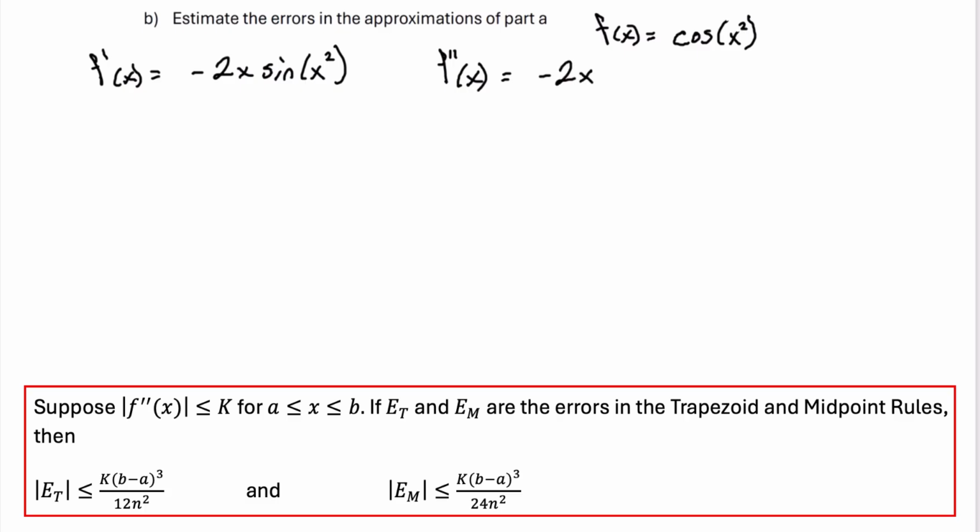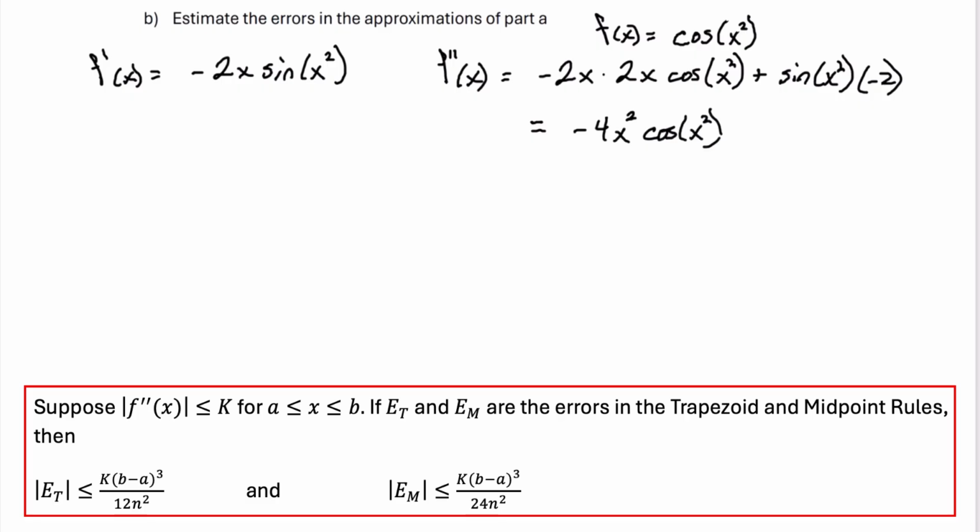Negative 2x, that's first. Derivative of the second would then be 2x cosine of x squared plus the second, sine of x squared, times derivative of the first, which would be minus 2. Simplifying this, we get negative 4x squared cosine of x squared minus 2 sine of x squared.